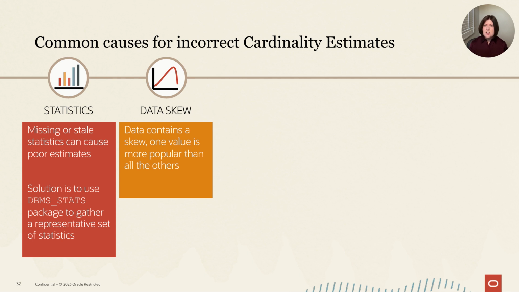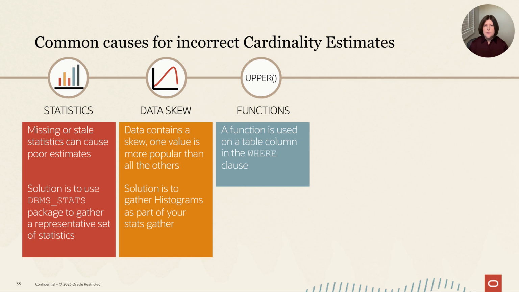So how do I create a histogram? Well, they're actually created automatically for you if you let all of the parameter values go to the default when you use the DBMS stats packages to gather your stats. If you don't, then make sure you manually create the histograms for those columns with the data skew.